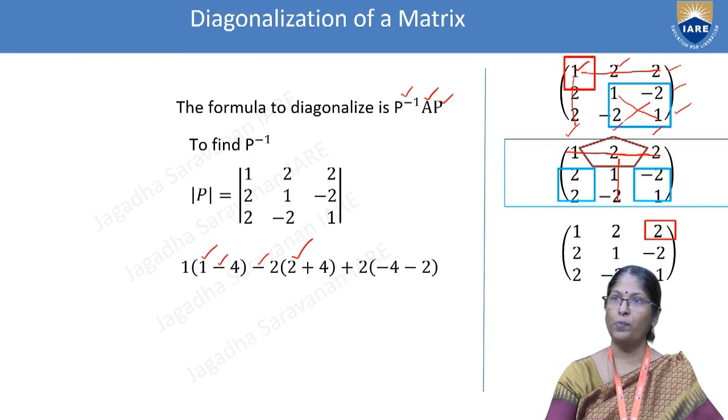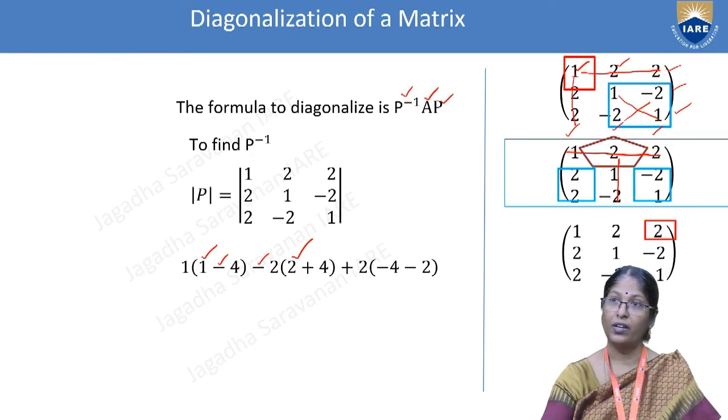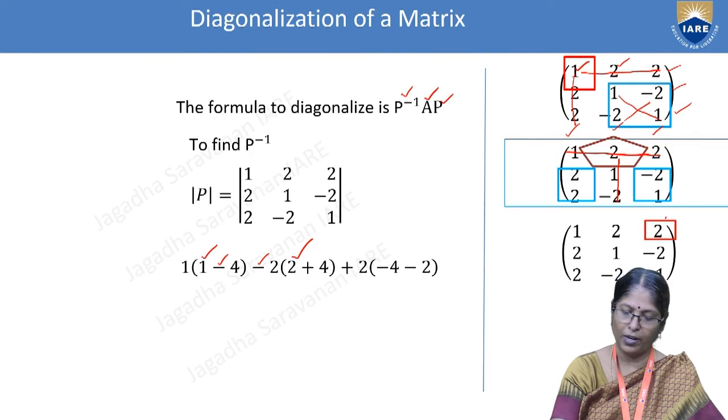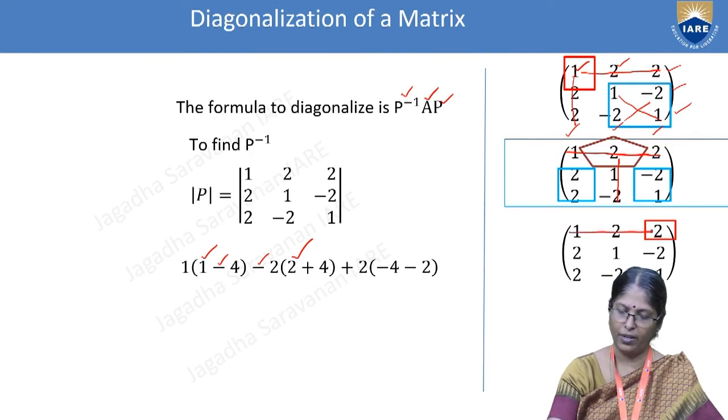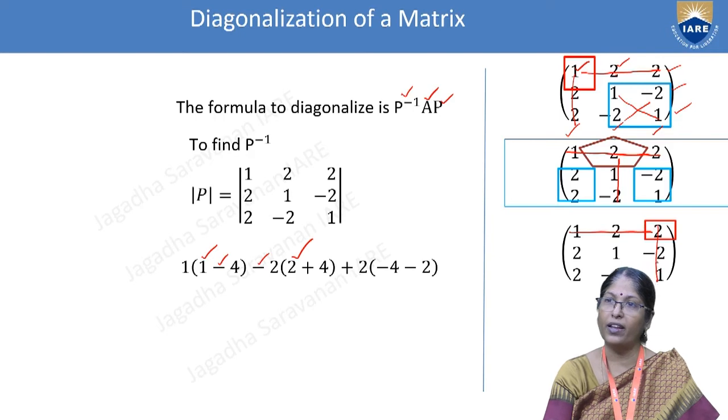Because we are expanding by R1, so 1, 2, next here 2. So this particular row is neglected. Whichever element you are taking, that corresponding row and column will be neglected.